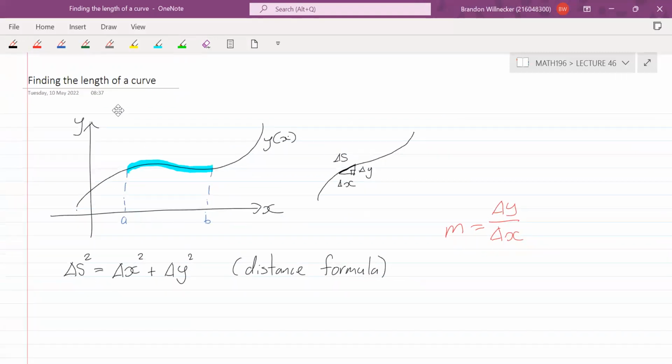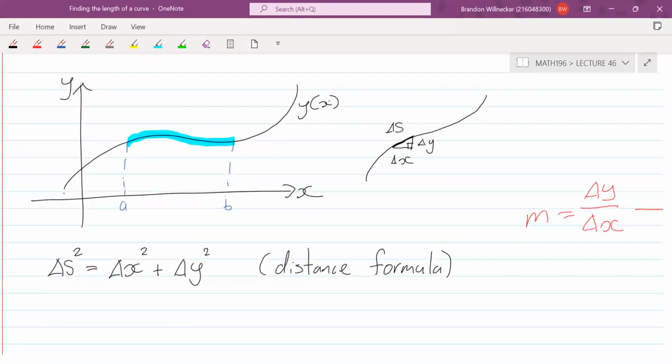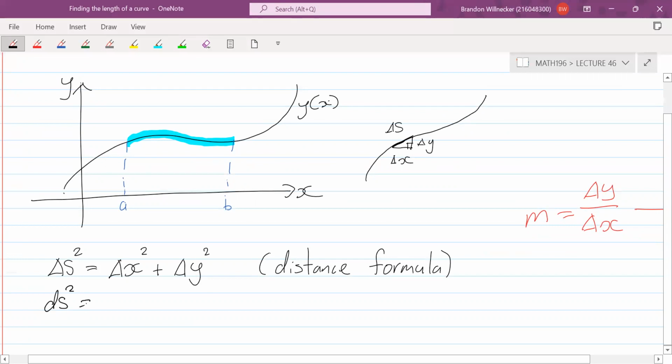Then when you took the limit of very tiny steps, this became dy by dx. Okay, we're going to do the same thing here. We're going to look at the limits of very tiny steps. So these deltas become d's. So this becomes ds squared is equal to dx squared plus dy squared in the limit of tiny steps.